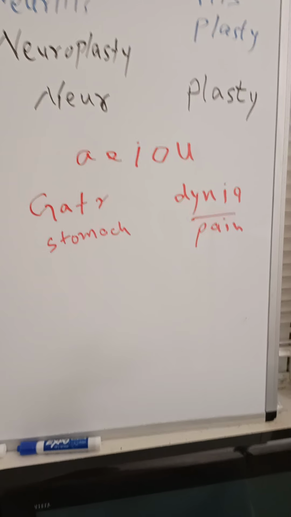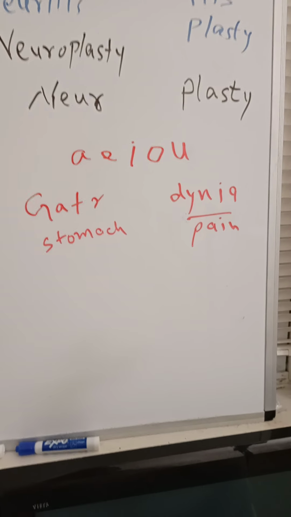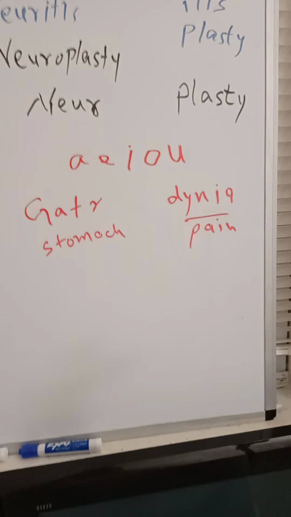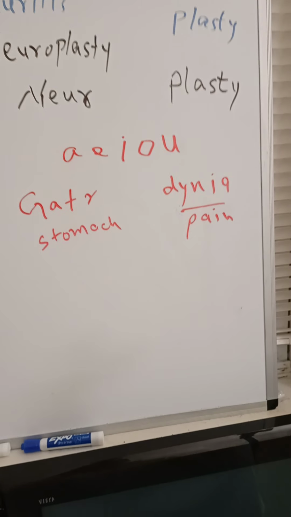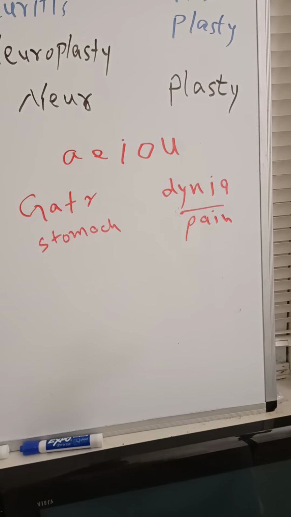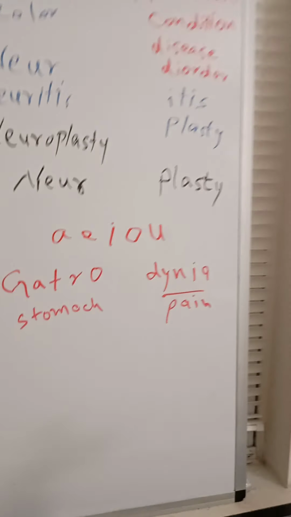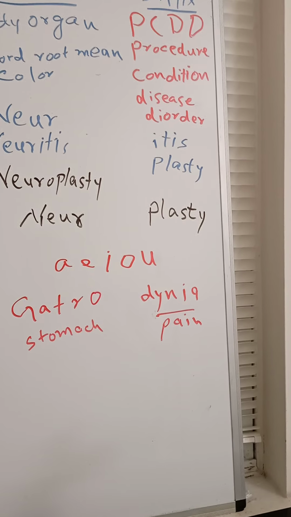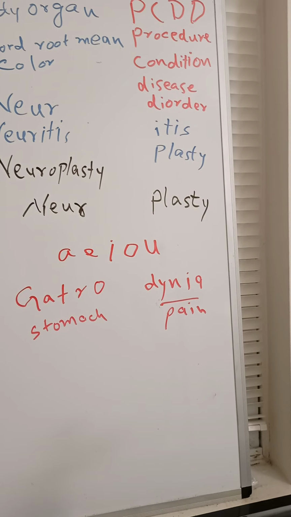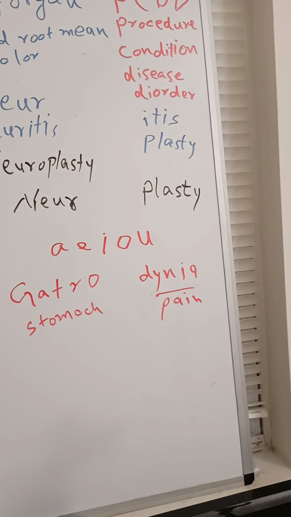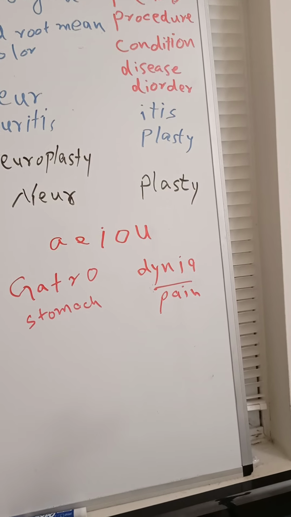So if we want to join them, the suffix starts with D, which is not a vowel, so we have to put one vowel, that is O. Gastrodynia. This way its pronunciation is smooth.